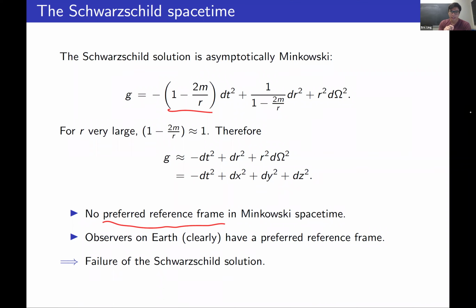I think if they ended up getting this Schwarzschild spacetime, they would see that it does a really good job at modeling the dynamics of their solar system, but they should still recognize that there is a very clear preferred reference frame of whatever planet they're on. But their model, this Schwarzschild, which is asymptotically Minkowski, doesn't select out a preferred reference frame when you go out to infinity. And I think that this really is a problem.